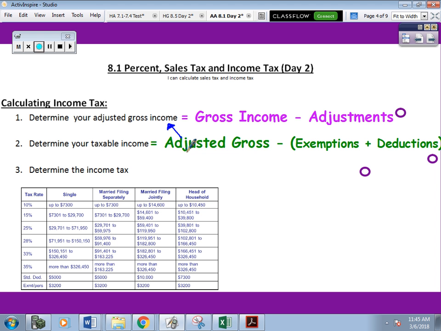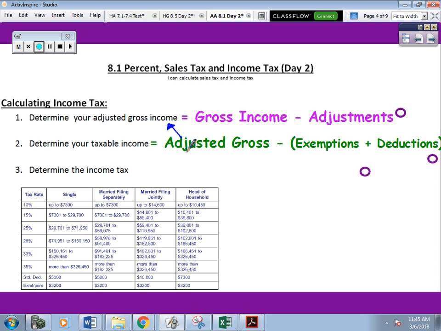Now, exemptions are things that you don't have to pay tax on, and deductions are things you don't have to pay tax on. So you add those together and then subtract them out so that you do not pay tax on those things. Now, the formula sheet that you get has two sides. One side is the steps, the other side is the chart.